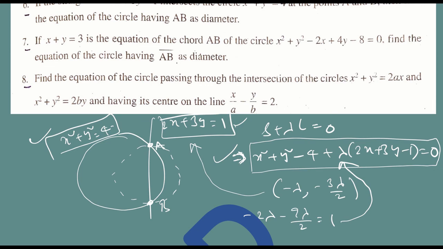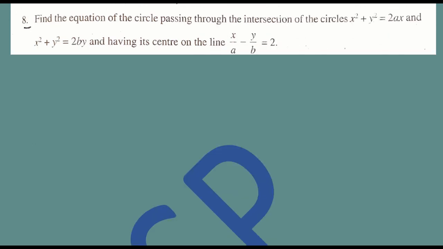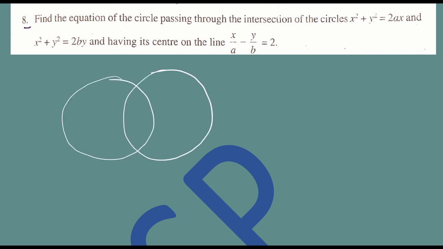Seventh one is also a similar thing, so let us do the eighth problem. In the eighth problem, he gave us two circles intersecting each other. Now this is x square plus y square minus 2ax is equal to 0, and this is x square plus y square minus 2by is equal to 0.